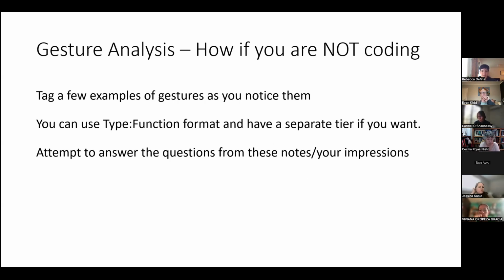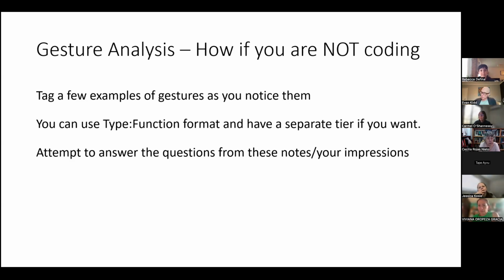Now, in the more likely case that you're not coding all of the gestures, what do you do? So there the approach is to, as you're going through analyzing the data, transcribing it, keep an eye out for gestures and tag a few examples as you go. And you can use the same format of the type and function if you want, or you can just code gesture as a little tag, and then come back later and pull them out.